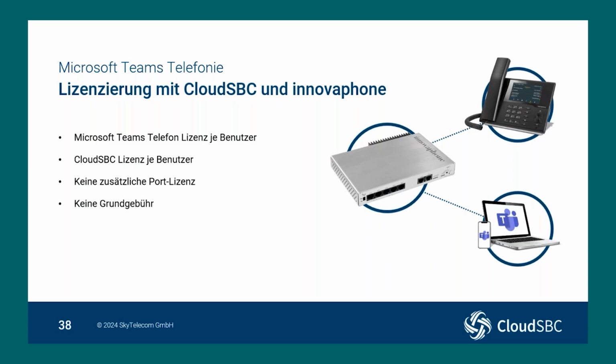The very last topic is licensing, and I guess it's interesting for most of you. The first one, we do need a Microsoft Teams phone license per user. This is nothing we or Innovaphone could change. Microsoft requires this license for any user who wants to use direct routing.